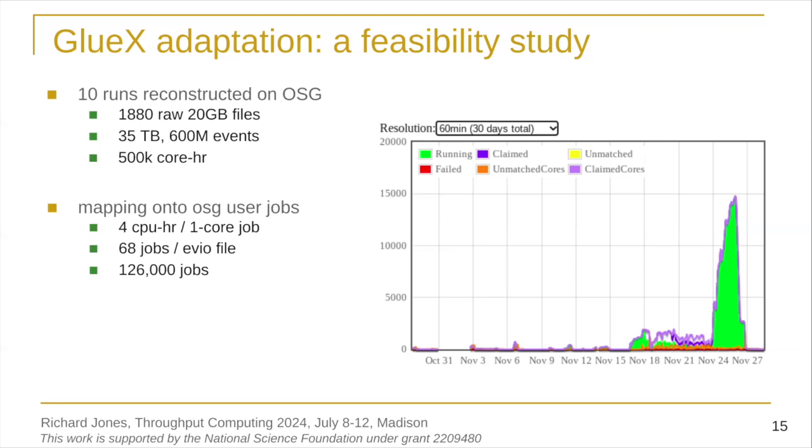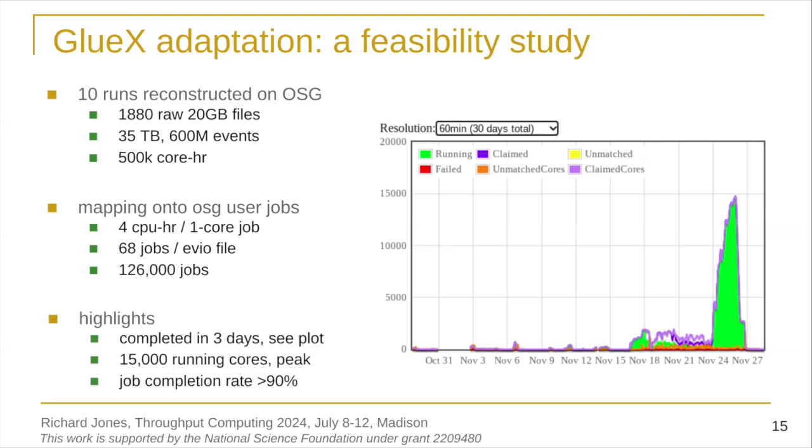This is how I chunked up those larger jobs to make them fit into HTC 4-hour, 1-core jobs. There were 126 kilo jobs that ran during this short time period. The fact that we could get all of these cores running and effectively use them, I thought was an achievement.